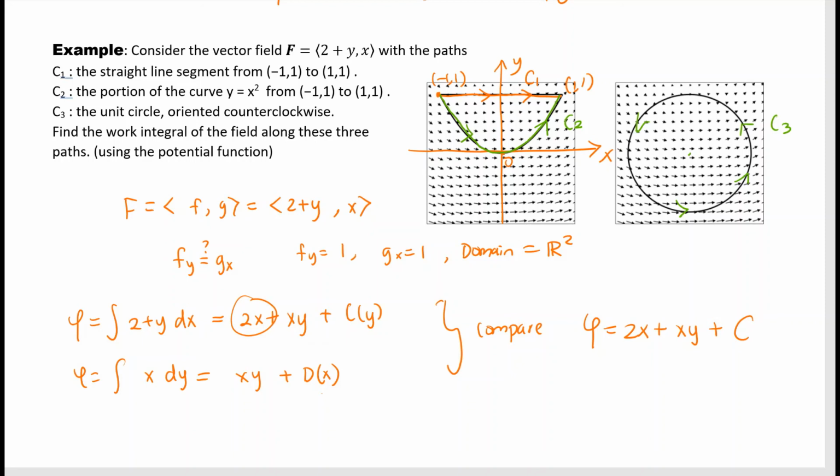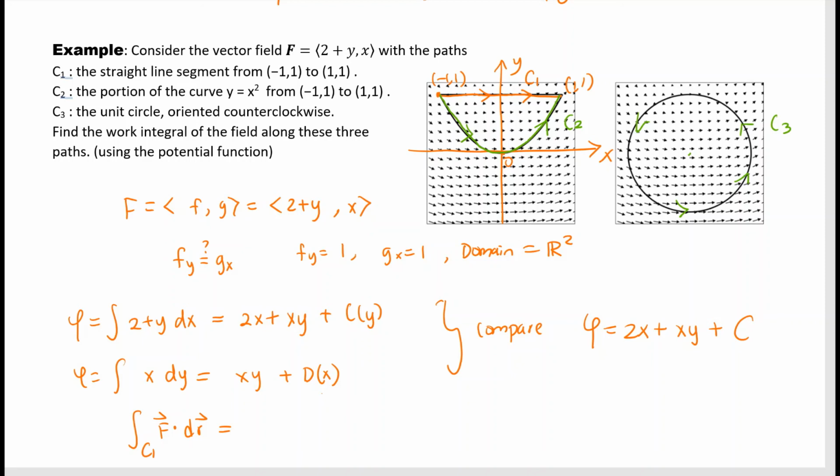Okay, next. After we figure out the potential function, then we can compute the line integrals. So the line integral on C1 of F dot dr is the same as the work done, right? For fluid, we have circulation.